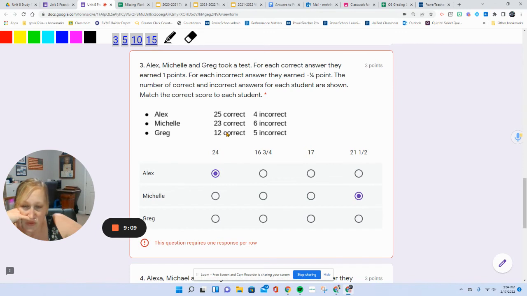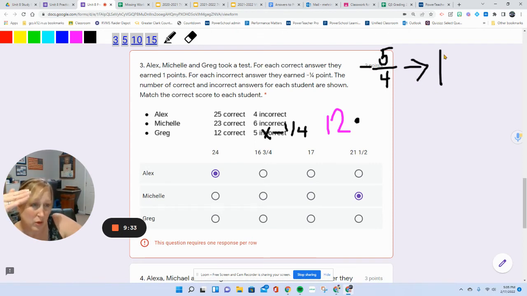Okay, Greg got 12 correct at 1 point each. So Greg got 12 points. Yay, Greg. But then he lost 5 times negative 1/4. Okay, so 5 times negative 1/4 will be 5 divided by 4. But I need to make that an improper fraction.